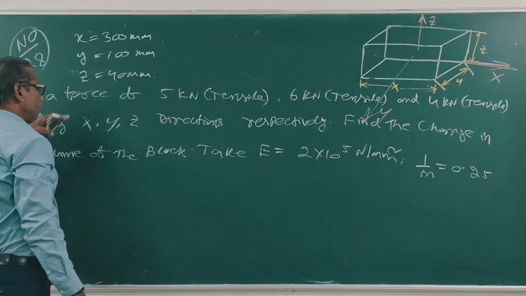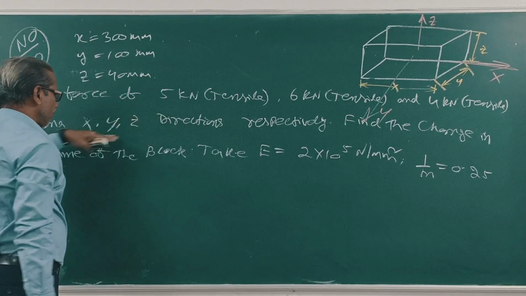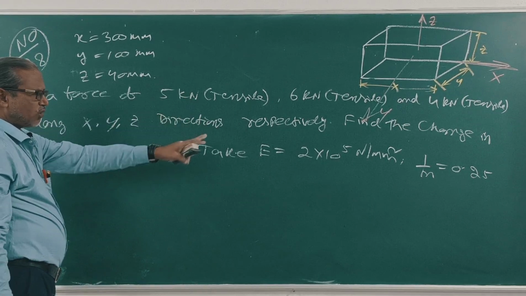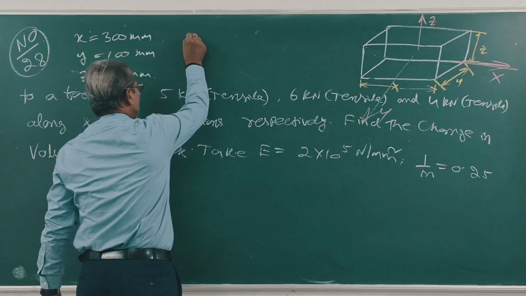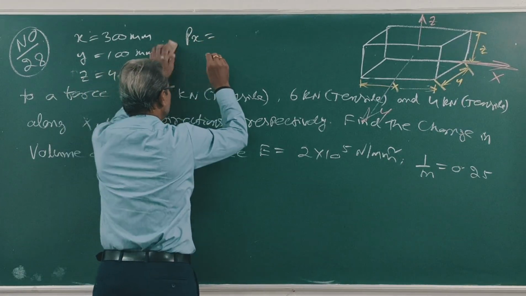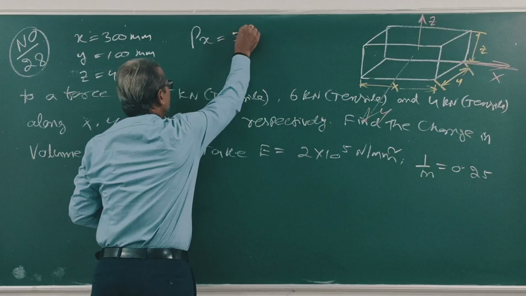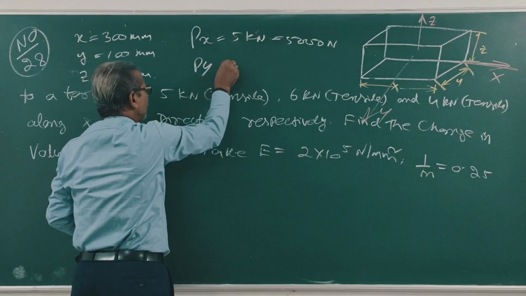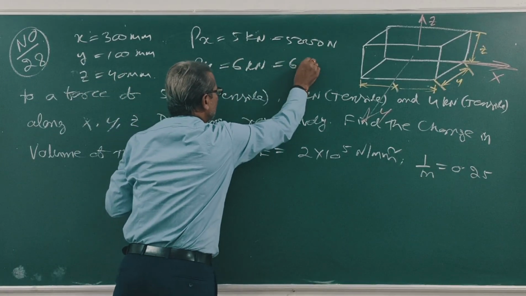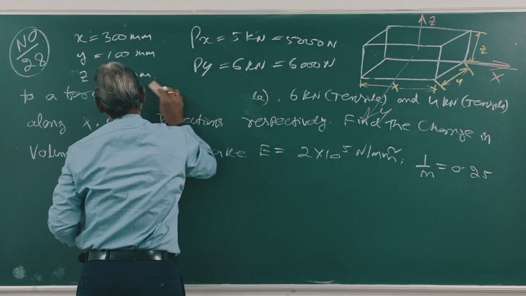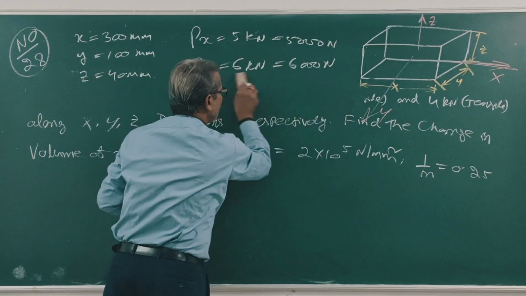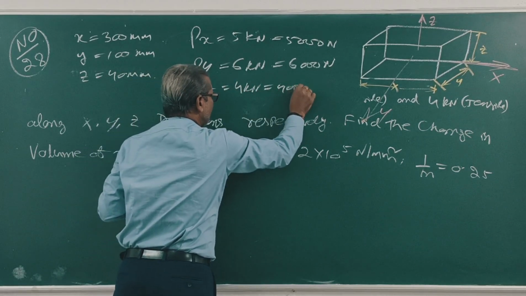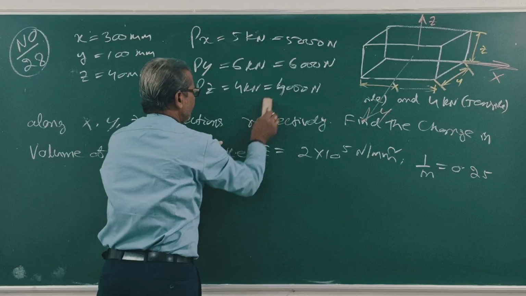It is subjected to a tensile force of 5 kN along x, 6 kN along y, 4 kN along z. So Px is equal to 5 kN, so 5000 Newton. Py is equal to 6 kN, 6000 Newton. Pz is equal to 4 kN, 4000 Newton. Clear?